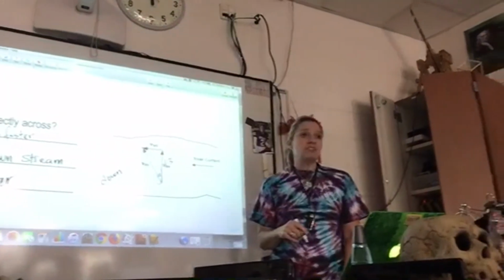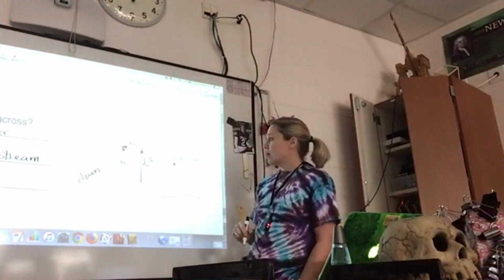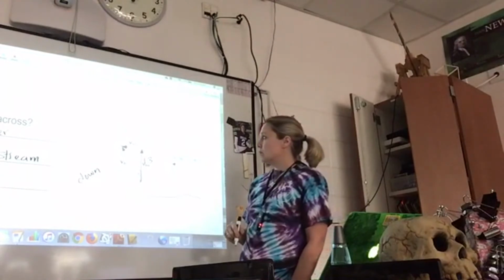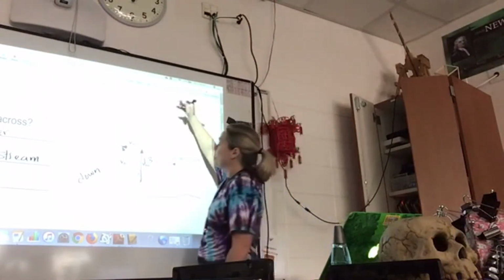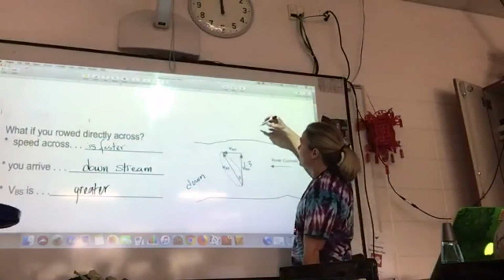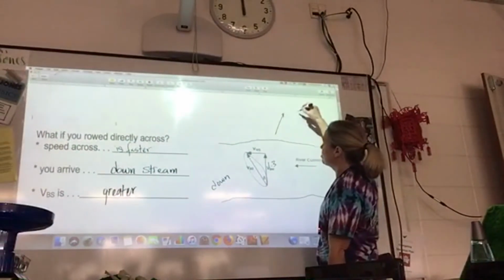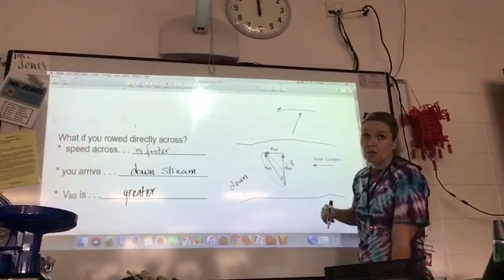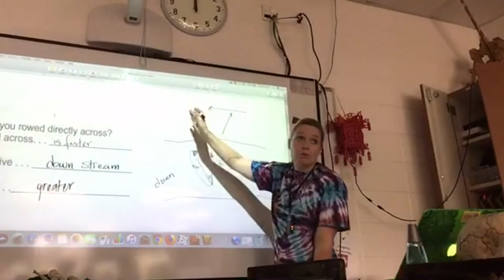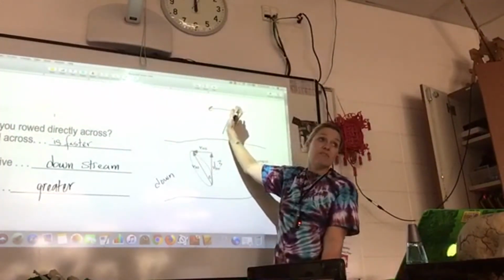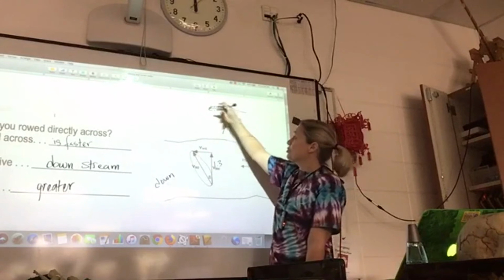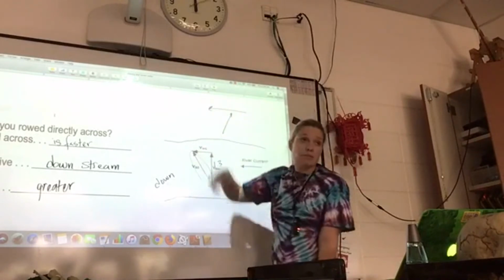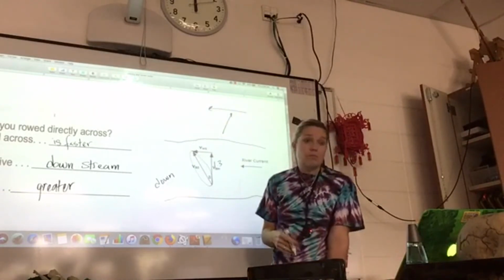There are going to be cases where we could do the other one where it isn't a right triangle. What if you go like this, but the stream is greater? Then you could still be pulled, like you didn't set an angle enough. And the stream is greater, you could still end up going downstream, but not as much.